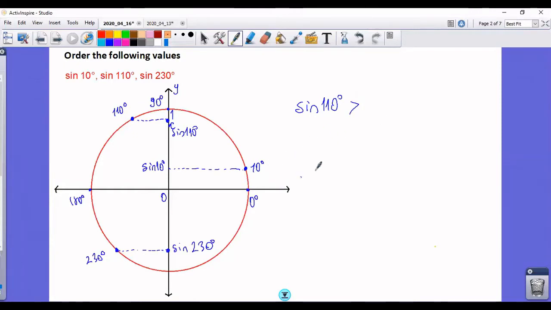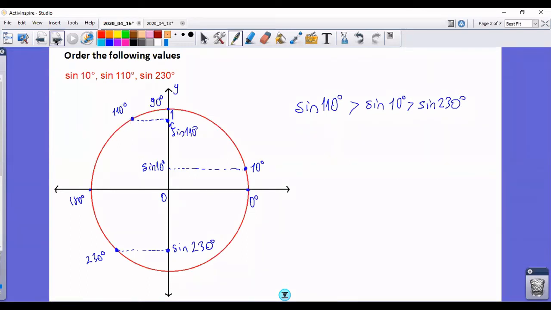And then sine of 10. And then the smallest one will be sine of 230 degrees. Yes.